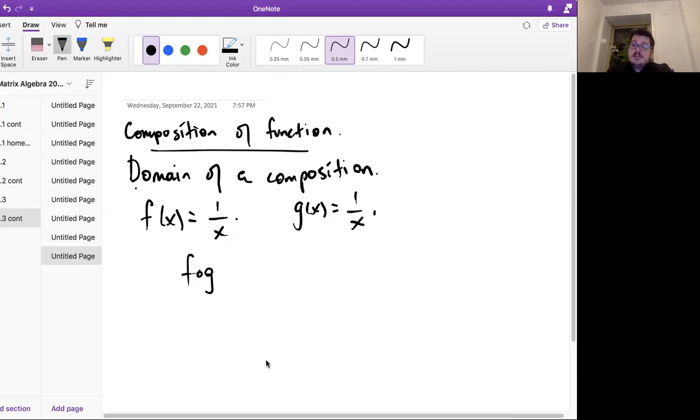Yes, that's the general idea. The domain of f of g must include the domain of g, right?